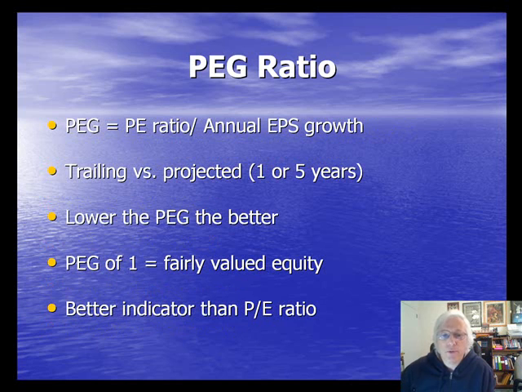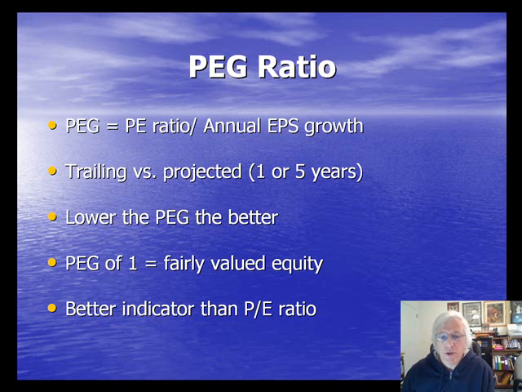Now the PEG ratio equals the PE ratio divided by its annual earnings per share growth. So it does factor in companies that are growing, the companies that the institutional investors or the big boys are willing to spend a lot more money on. Now this growth can be either trailing, again, past statistics, or projected growth over the next 1 year or 5 years.